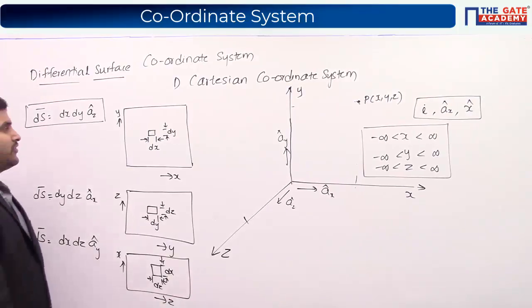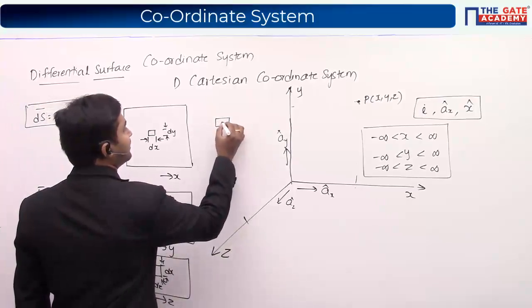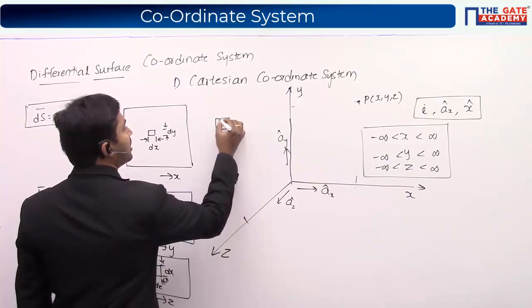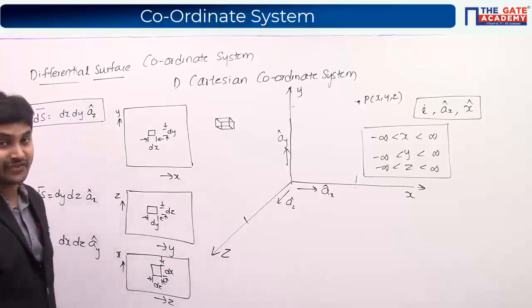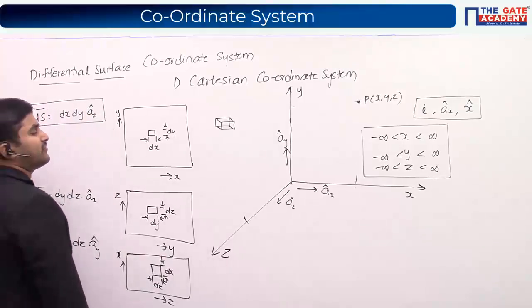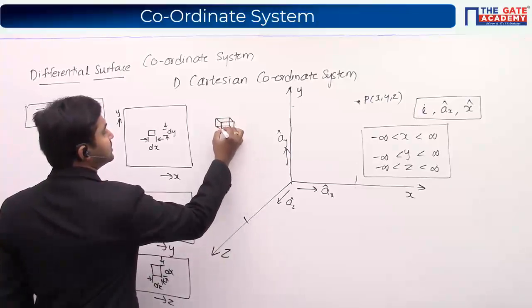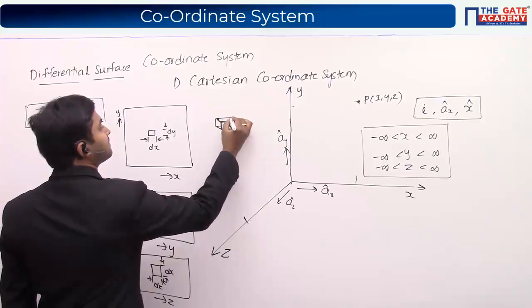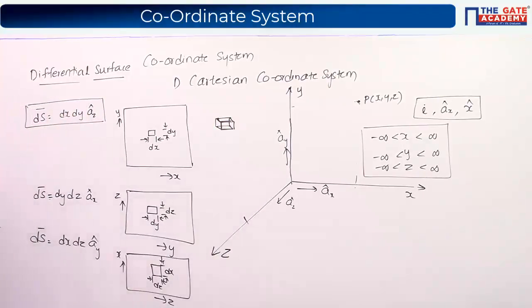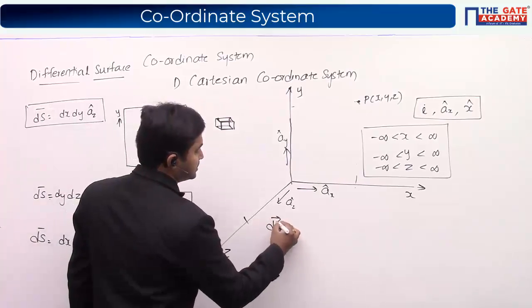Okay, so if I am taking all at once, if I am considering a very small part of it, a little cuboid which is having different faces, particularly if I am talking about three particular planes, first plane, second plane, third plane, then the differential surface in total will be having three directions.